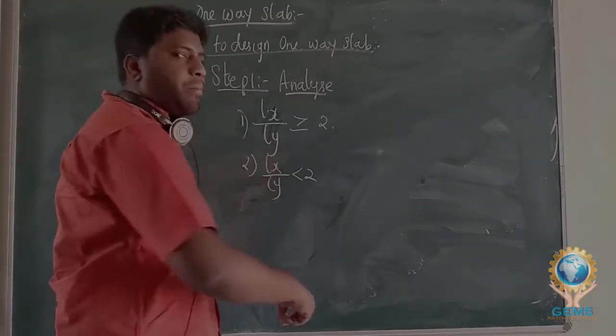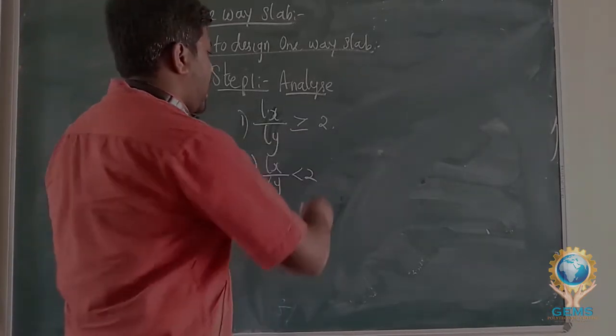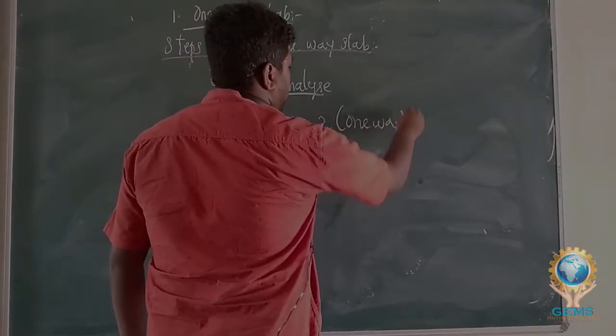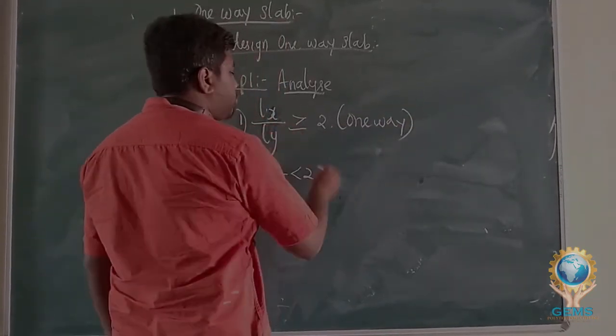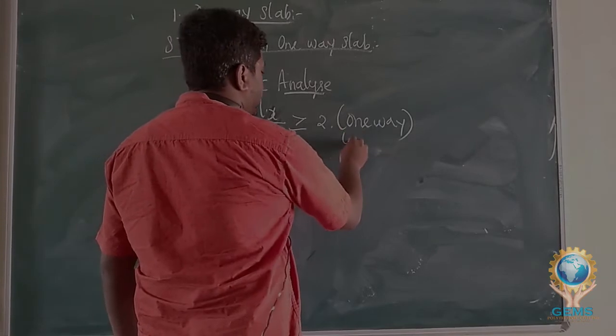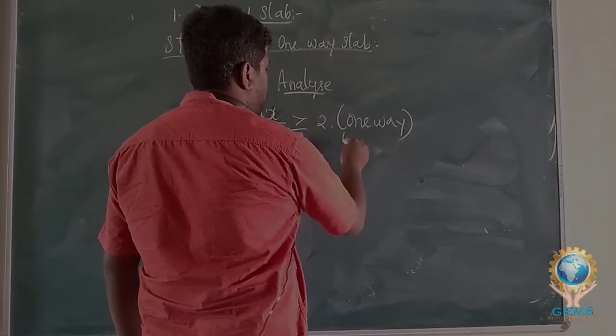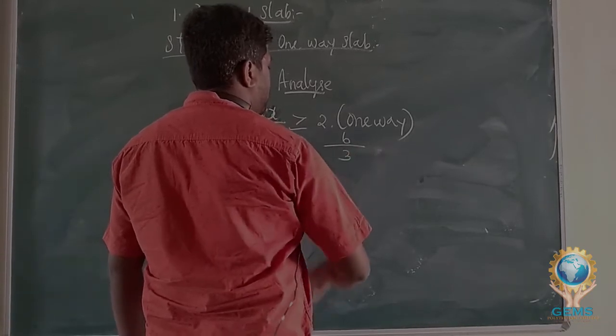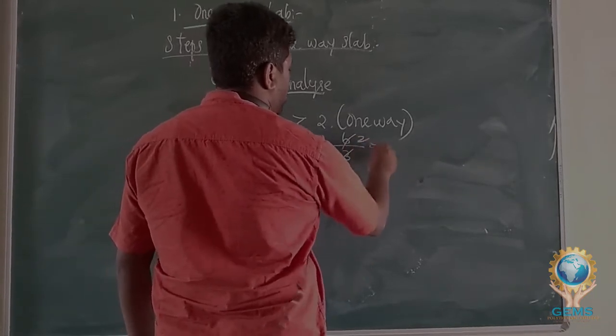For example, in a one-way slab, if the longest span is 6 meters and the shortest span is 3 meters, then 6 by 3 is equal to 2.